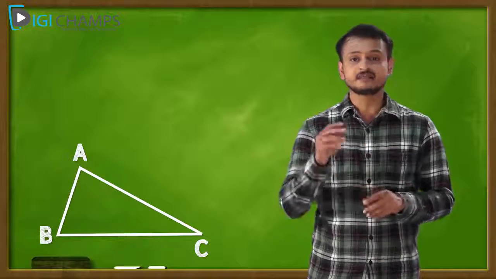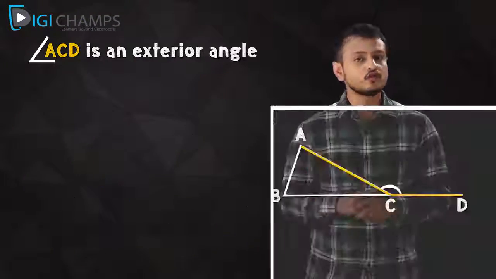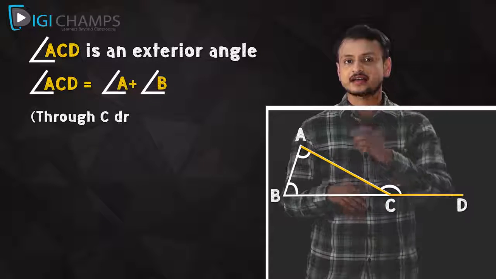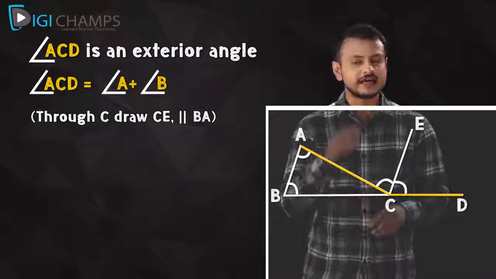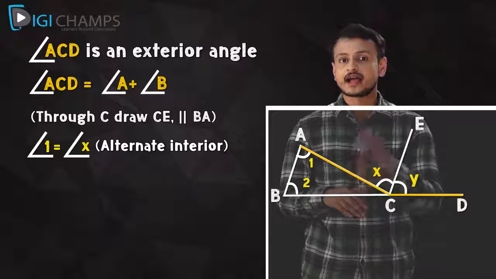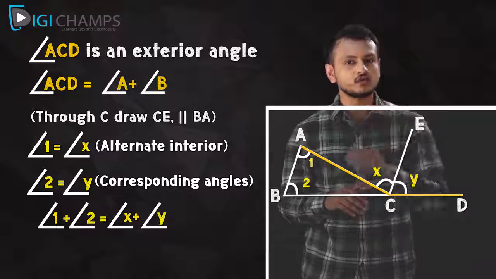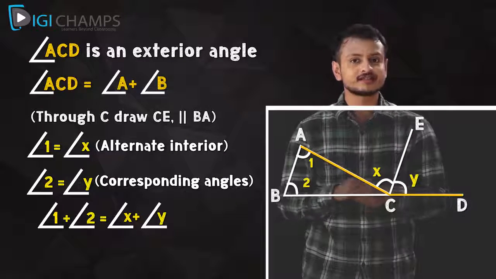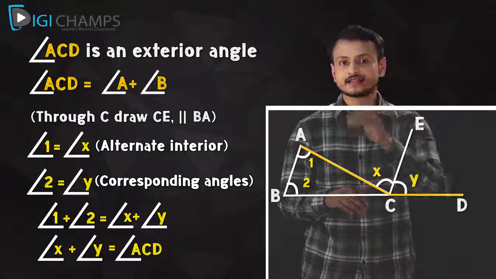Consider triangle ABC and ACD is the exterior angle. So to show angle ACD is equal to angle B plus angle A, through C draw CE parallel to BA. Now angle 1 is equal to angle X and angle 2 is equal to angle Y. So angle 1 plus angle 2 is equal to angle X plus angle Y. So from here we can say angle X plus angle Y is equal to angle ACD.